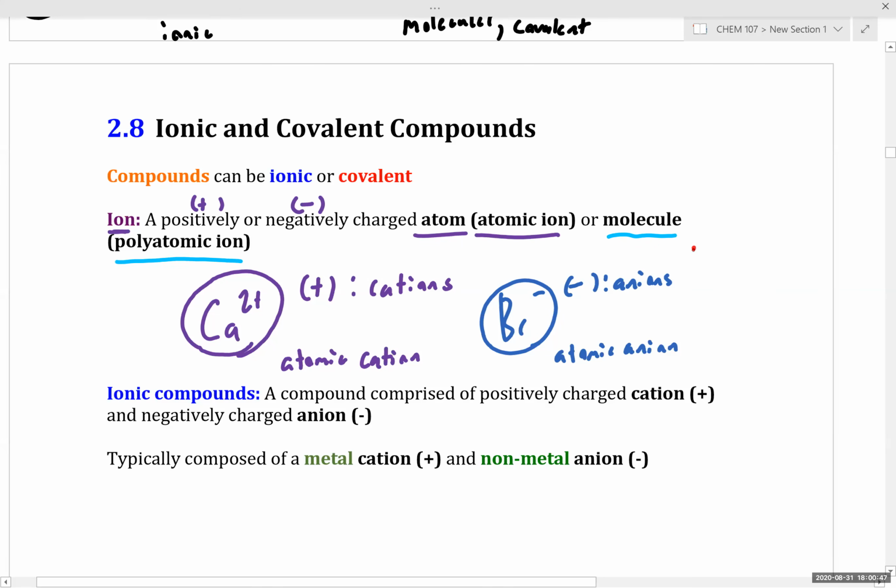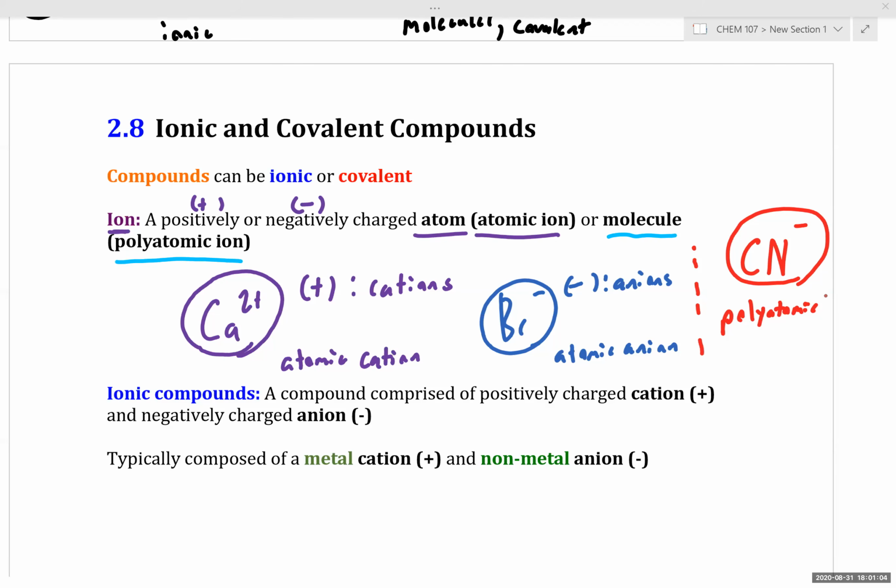One example would be cyanide, which has the formula CN-. So cyanide would be an example of a polyatomic anion.